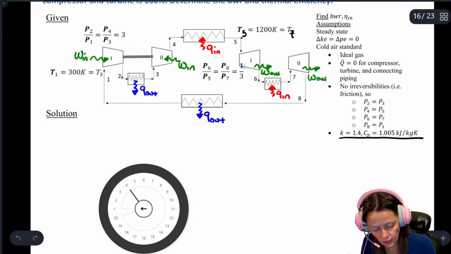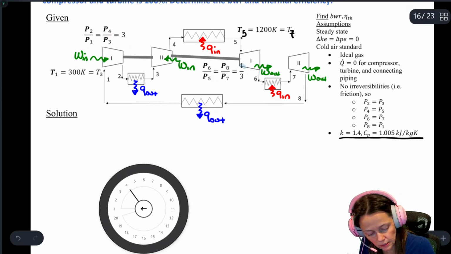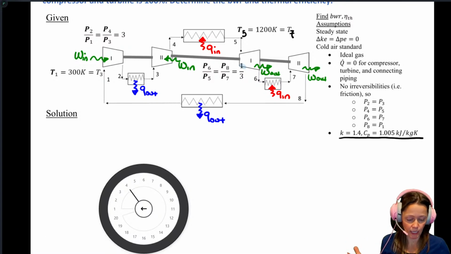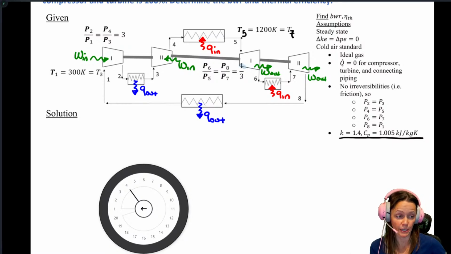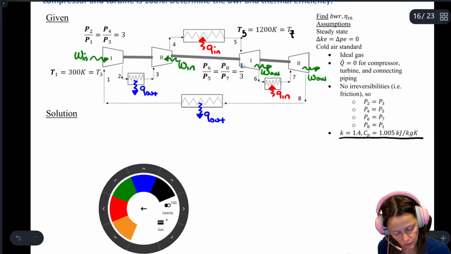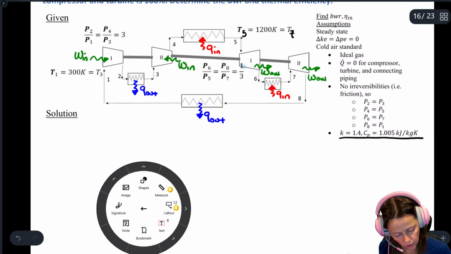This compressor is connected to this compressor, which is connected to this turbine, that's connected to that turbine. So it's all physically connected, and so some of the work output that you get from those expansion processes is being redirected back for the compression process.